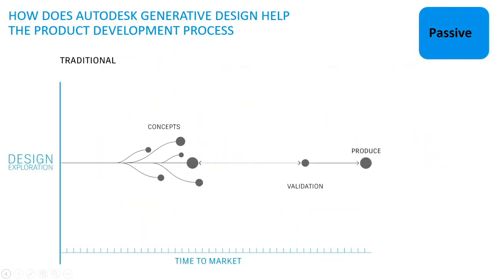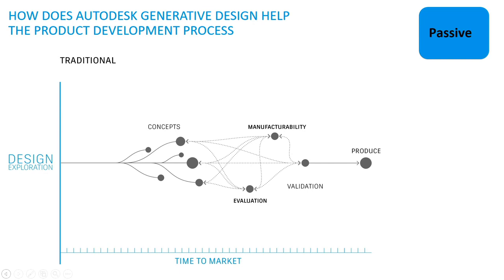The regular process of designing things, whether it's a product, a road, a building, or anything, usually follows this process. We start with a certain concept or a couple of concepts during the design phase. We get those concepts into evaluation and find out if they're okay or not.